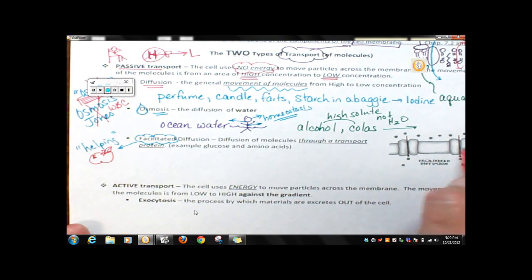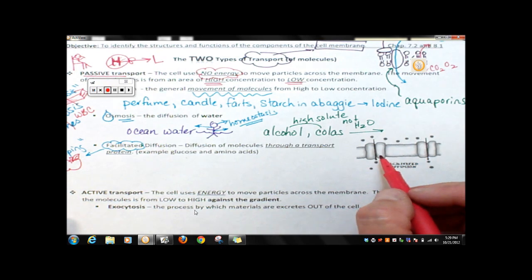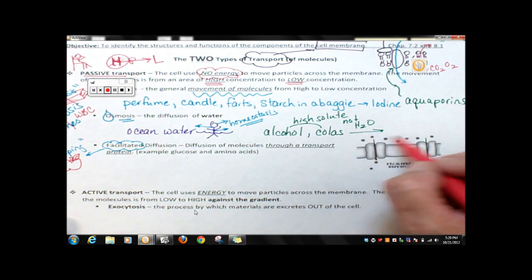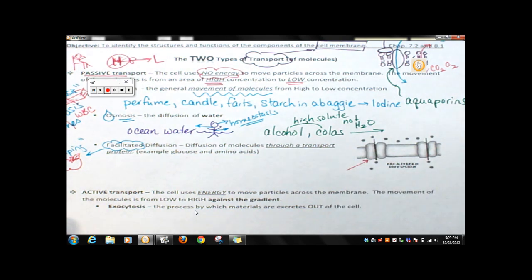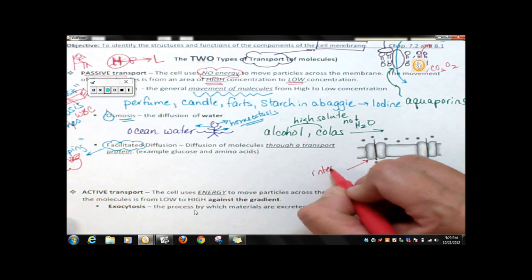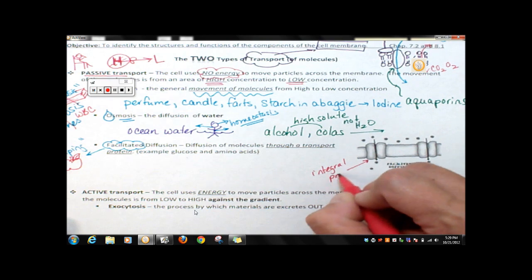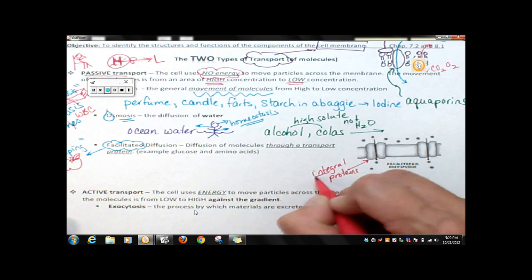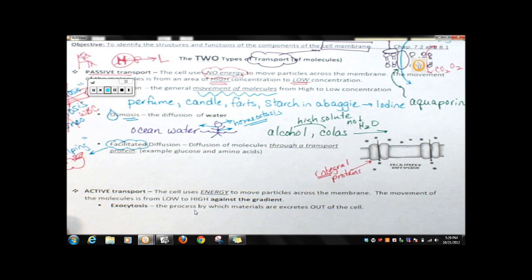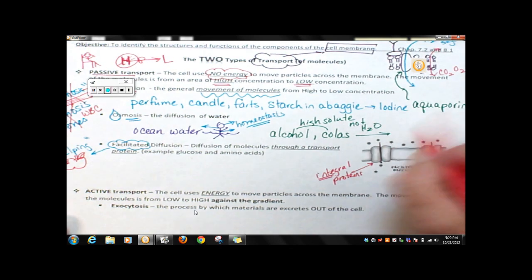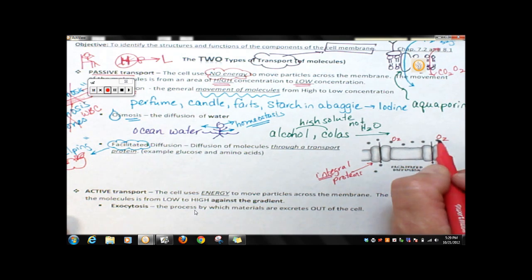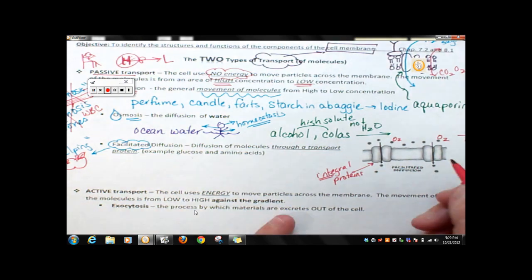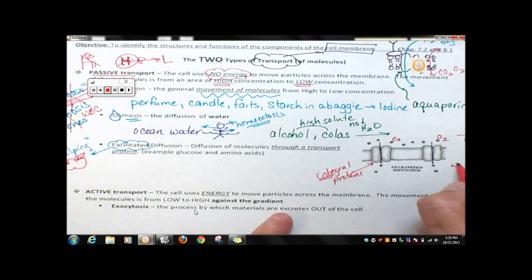So if you look over here at the membrane, what is facilitating or helping the movement of these molecules? Well, these proteins right here, these doorways. And those proteins are called integral proteins because they go into the membrane. Now you'll notice these molecules, be it oxygen or carbon dioxide or whatever they happen to be. If you count them up, there's 1, 2, 3, 4, 5, 6, 7 on this side of the membrane, and 1, 2, 3, 4 on this side.